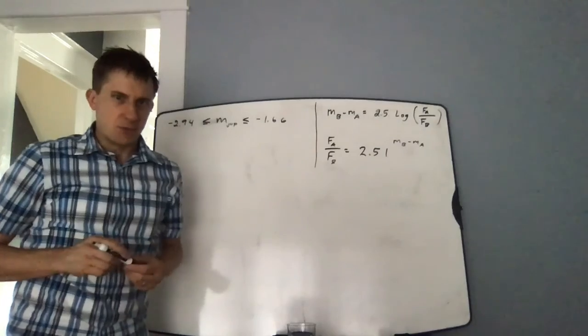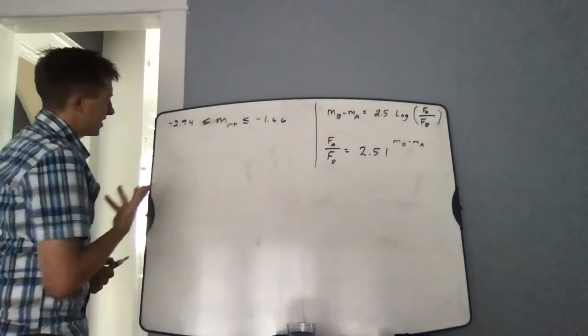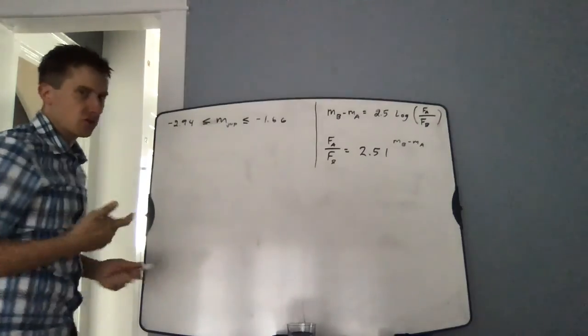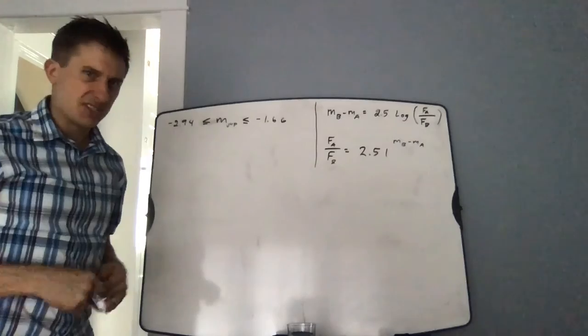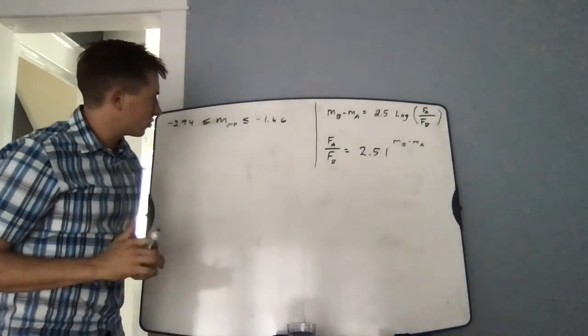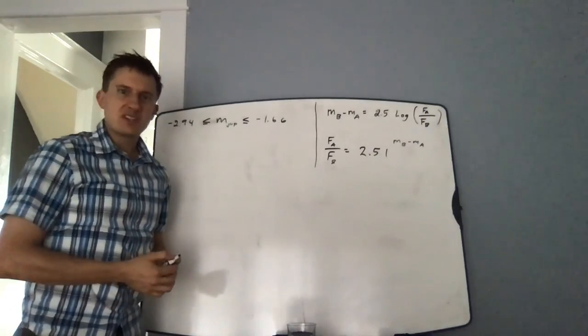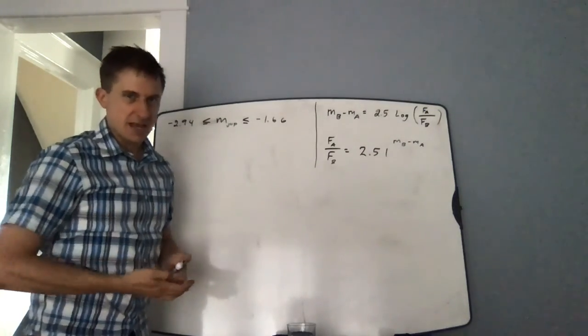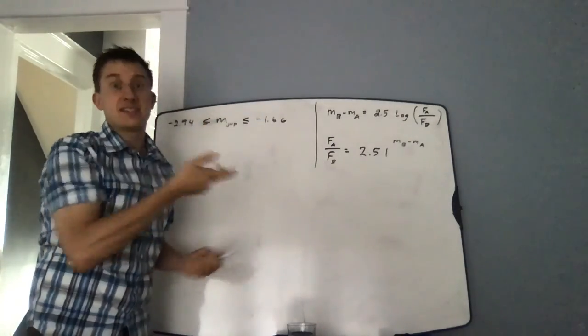In the next example problem, we are given that when Jupiter is at its brightest as seen from Earth, it has a magnitude of negative 2.94, and when Jupiter is at its dimmest, as seen from Earth, it has a magnitude of negative 1.66. For context, the brightest star in the nighttime sky, Sirius, is dimmer than Jupiter when it is at its dimmest.